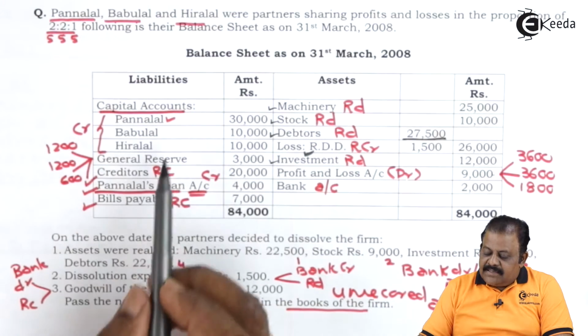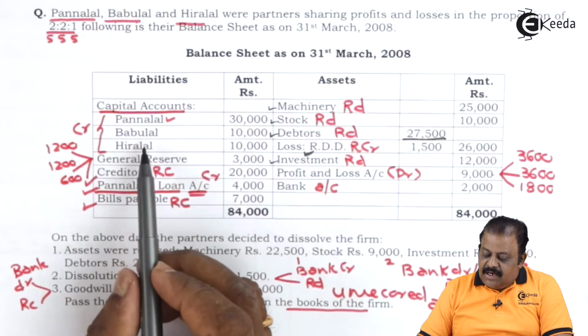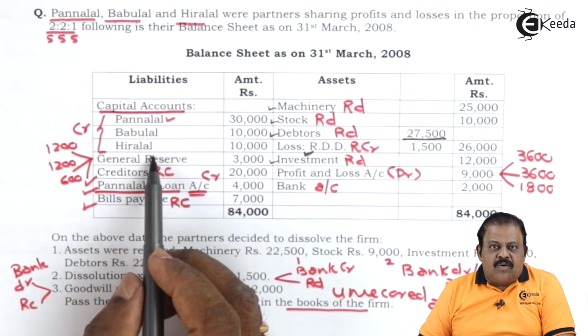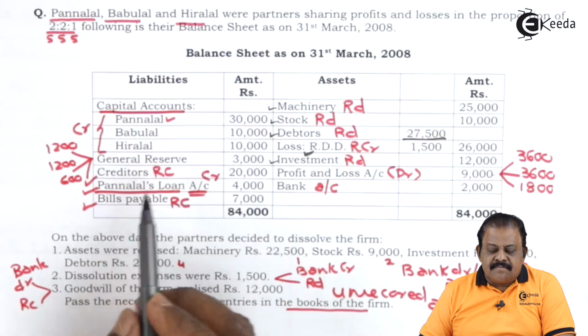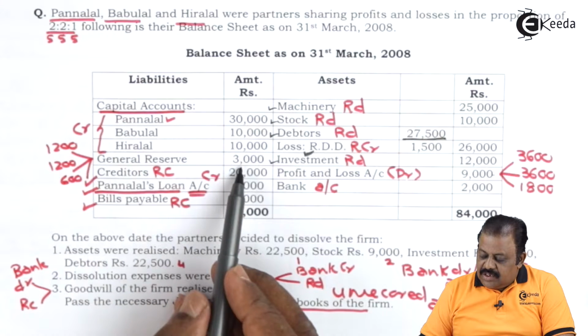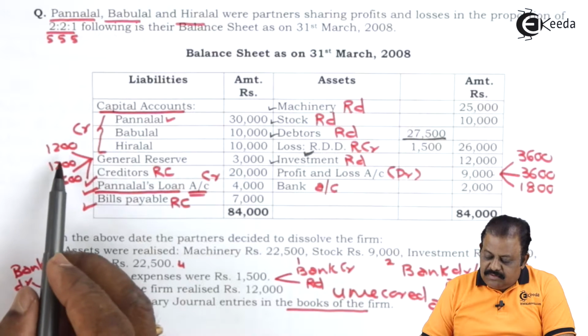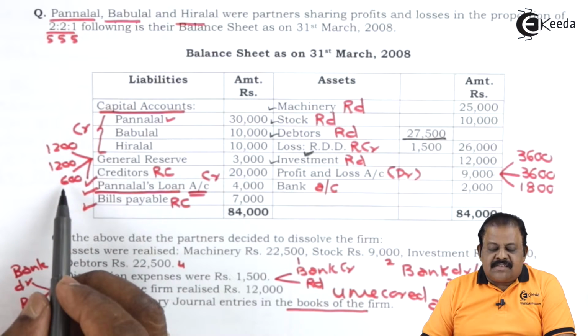Let us move to liability side. Capital accounts Pannalal, Babulal, Hiralal, will be transferred to their respective capital accounts on credit side. General reserve 3,000. This will be distributed in profit sharing ratio, that is 1,200, 1,200, 600.